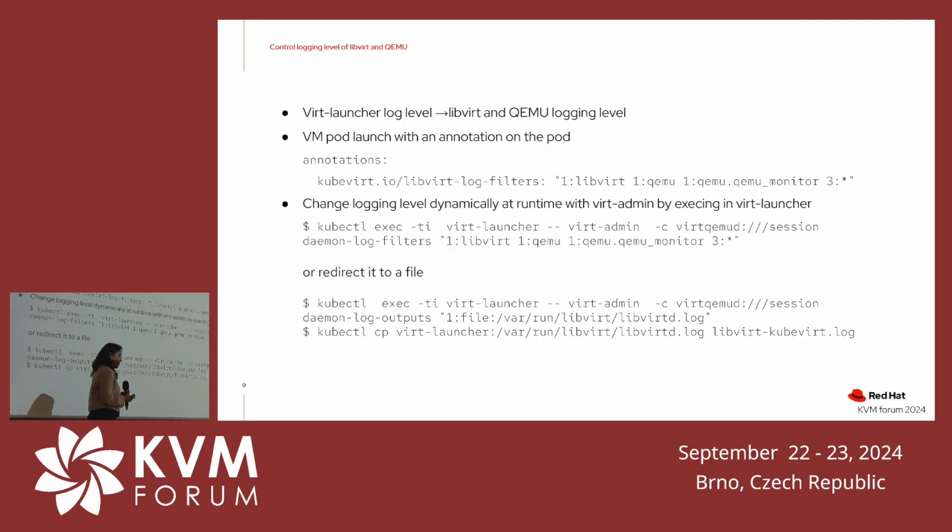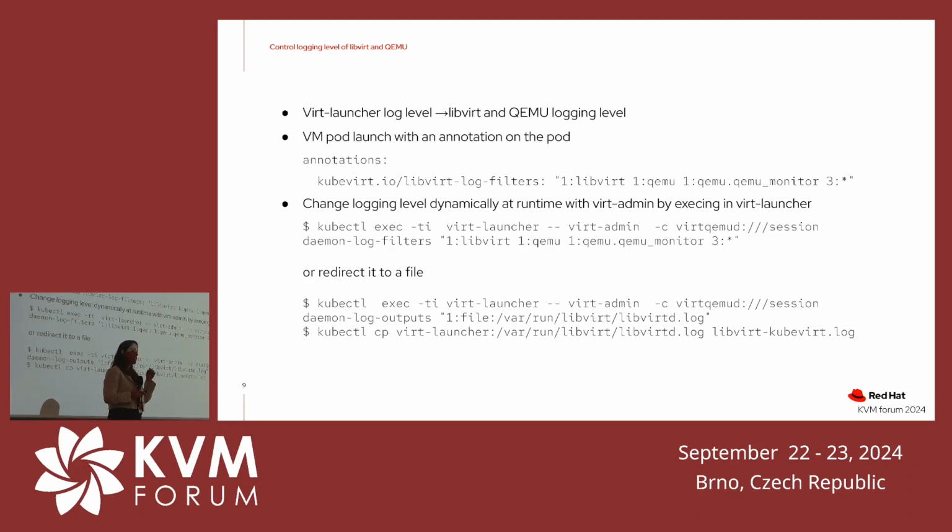So, something a little bit easier. We, of course, want output. And the KubeVirt output level also determines the libvirt and QEMU level that will be printed on standard output. Of course, there are various ways we can tune this.